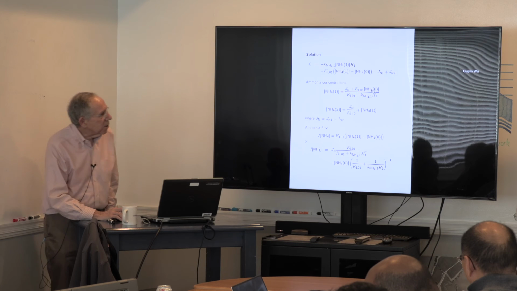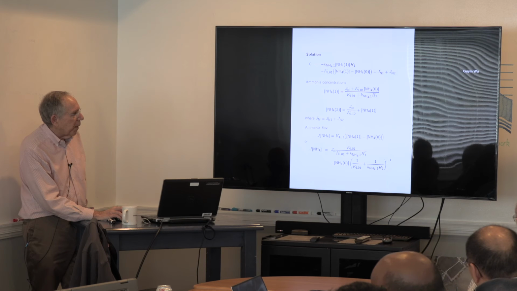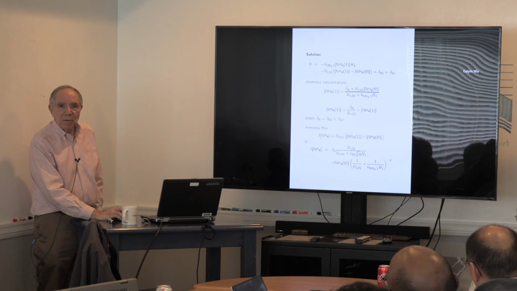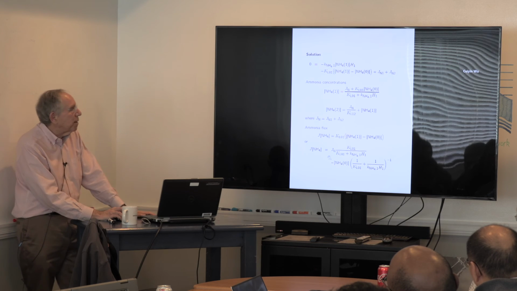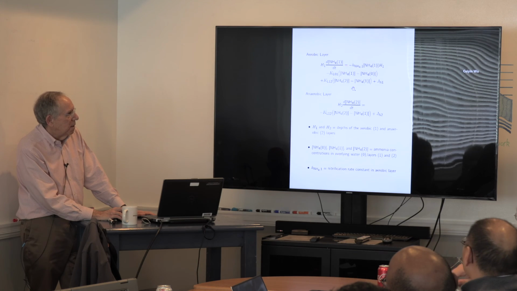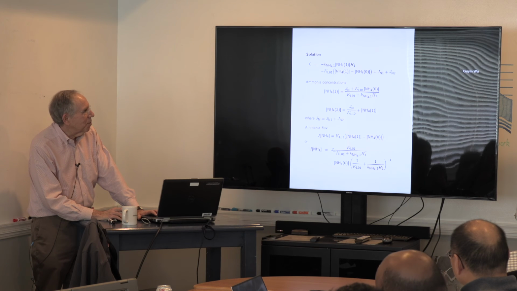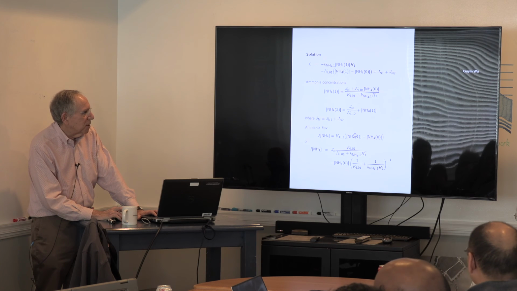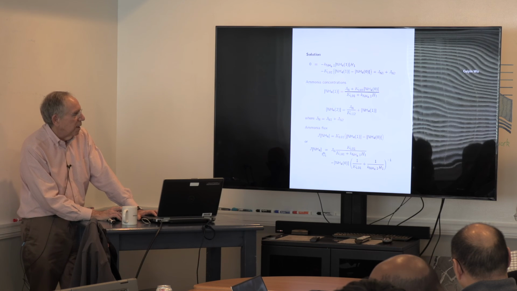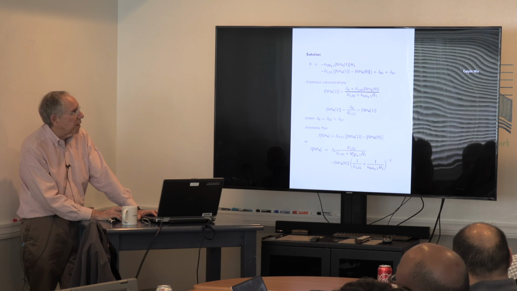Also, take a look at this. You notice that the ammonia flux does not depend on the internal ammonia concentrations. Right? You can write the ammonia flux, of course, as the difference using the internal concentration, but once you make the substitution, what you find out is that the flux is determined entirely by diagenesis and the transfer and reaction rates.